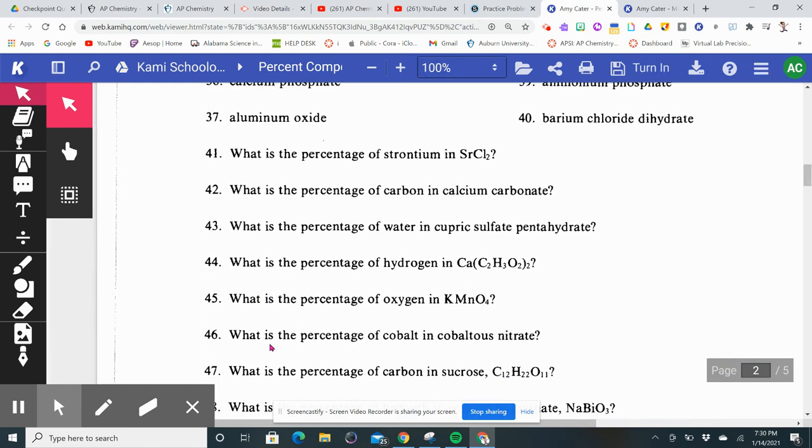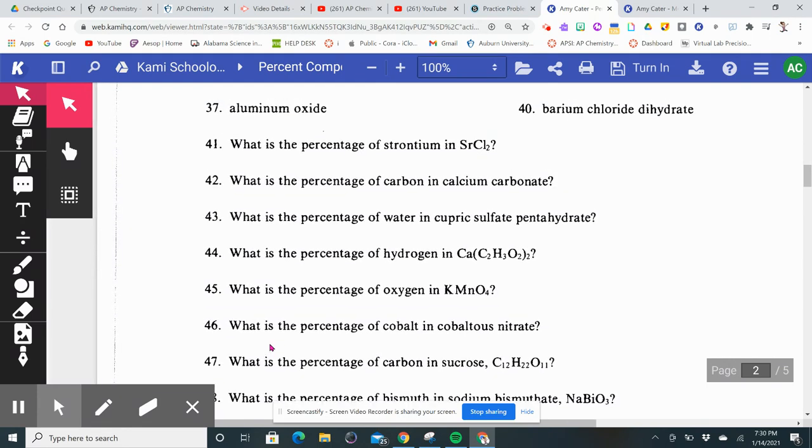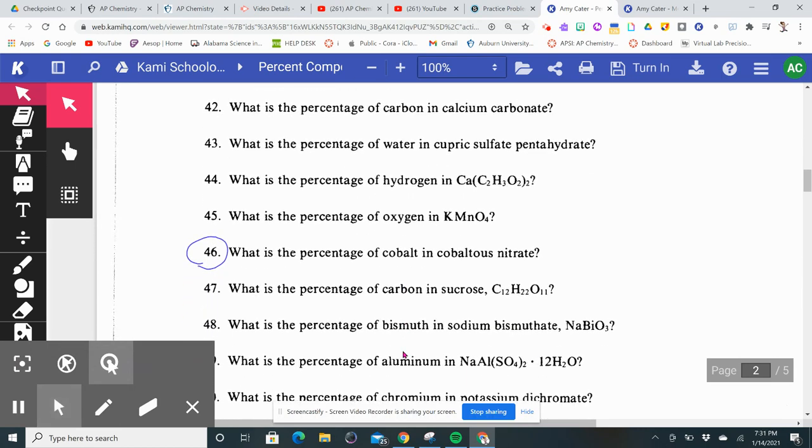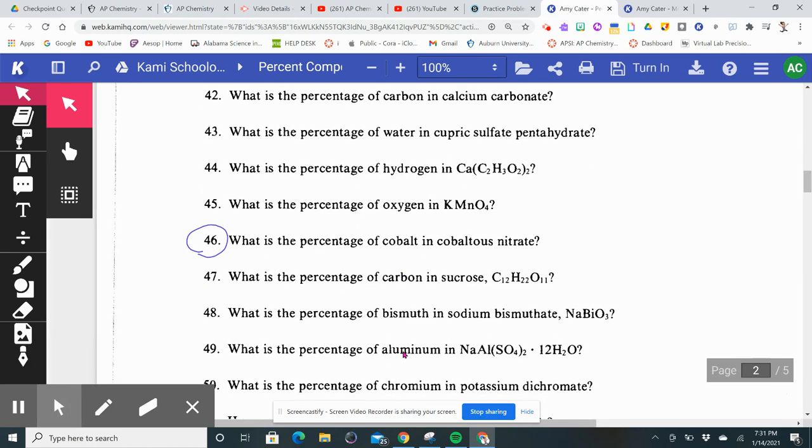All right, moving on to 41 through 45. On 41 through 45, I'm going to work 46 as an example of that, where you are asked to find the percentage of one particular element. Okay, so actually these are a little bit easier. So find the percent, I take that back. I'm not going to do 46.